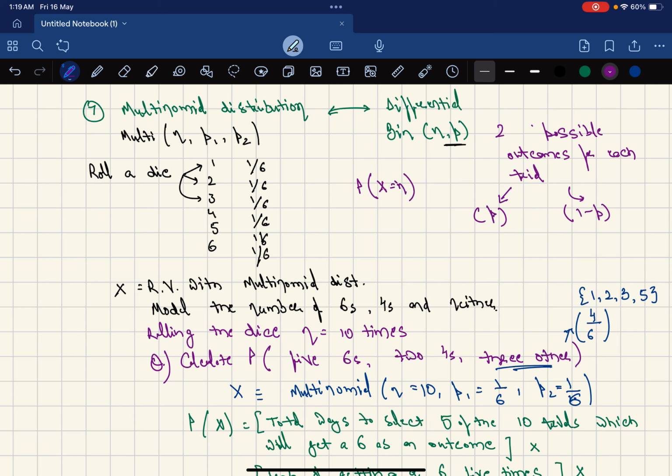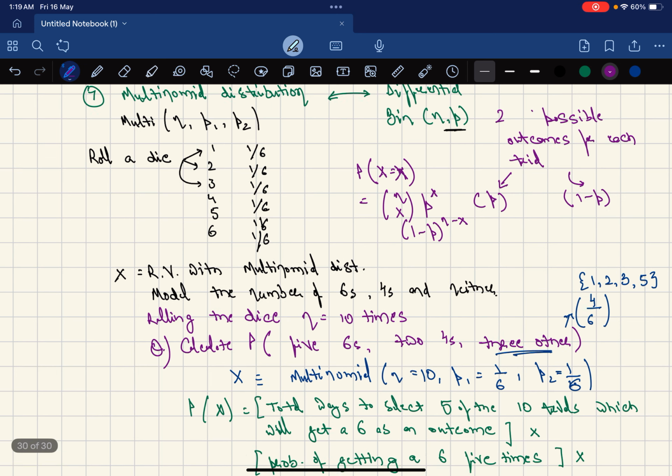What we were doing was, we were selecting x out of n total trials, and then the probability of getting a successful trial x number of times, therefore p raised to power x, multiplied by 1 minus p raised to power n minus x, because if there are x number of successes, there will be n minus x number of failures, and the probability of failure for each trial is 1 minus p. Therefore it is raised to power n minus x.